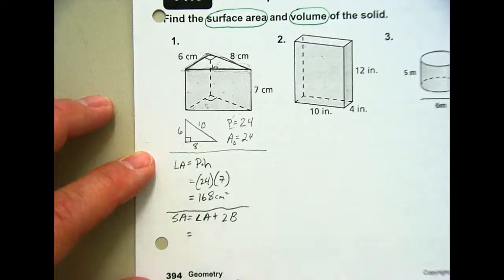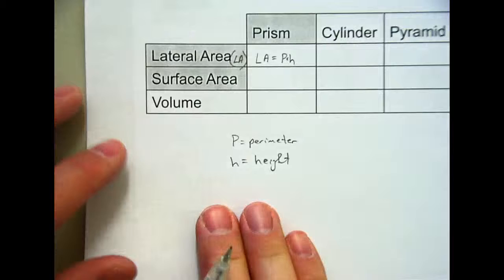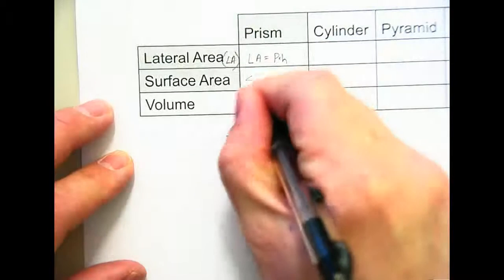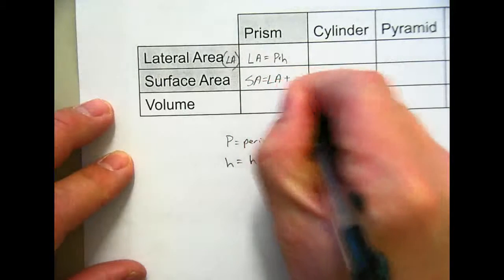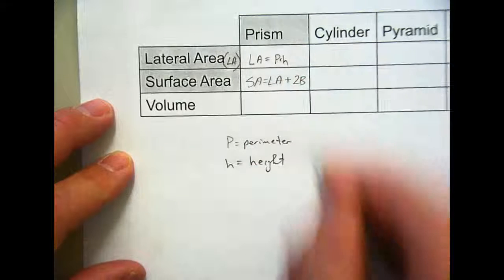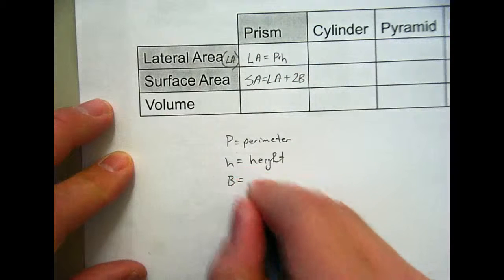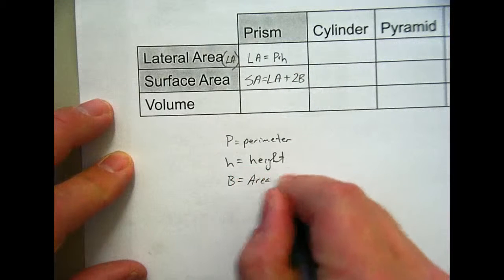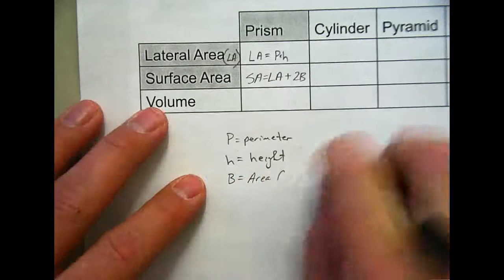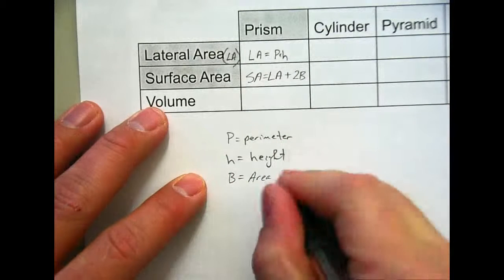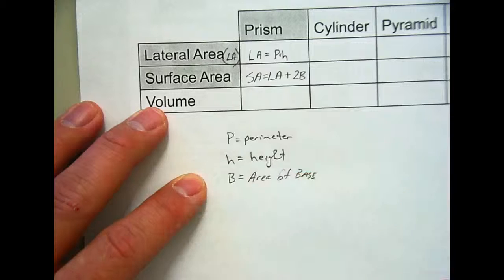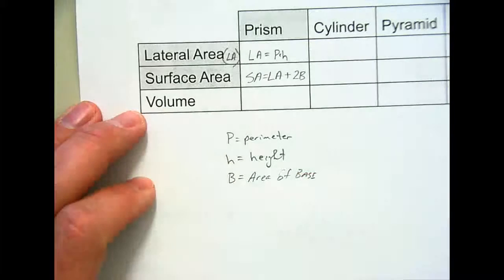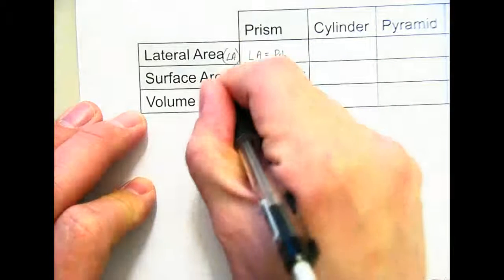B stands for base. So once again, putting in my formula here, LA plus 2B. Now, you may want to define down here, B is the area of the base. And this is your SA here.